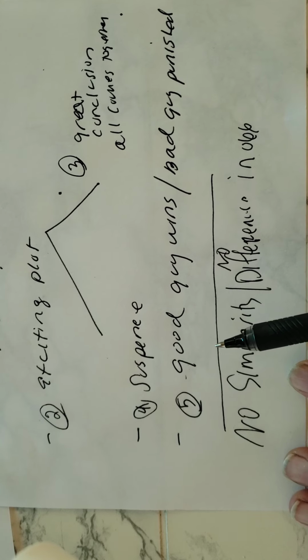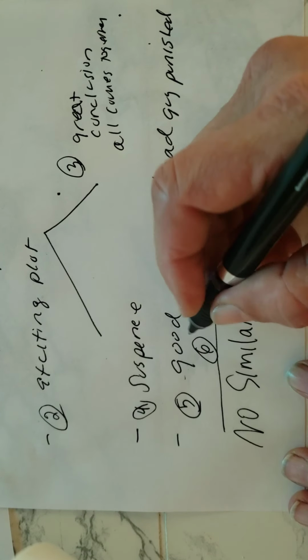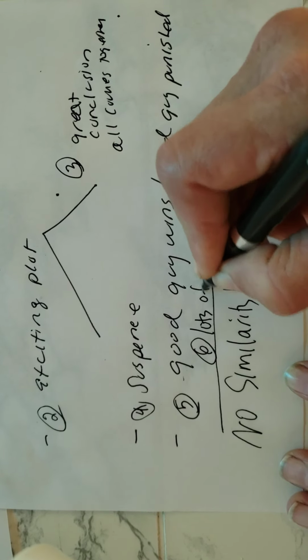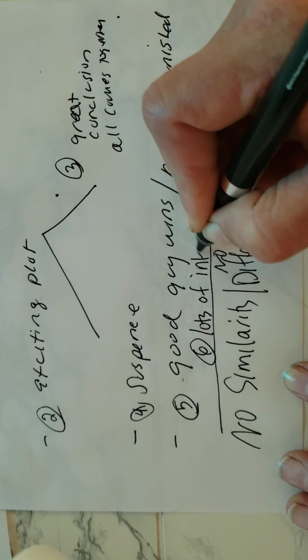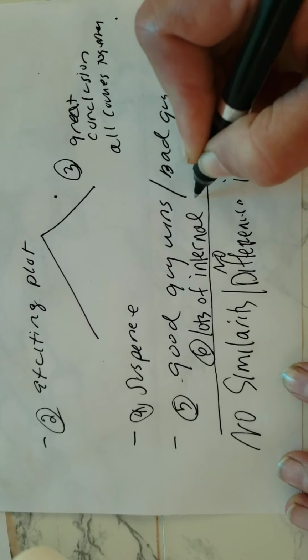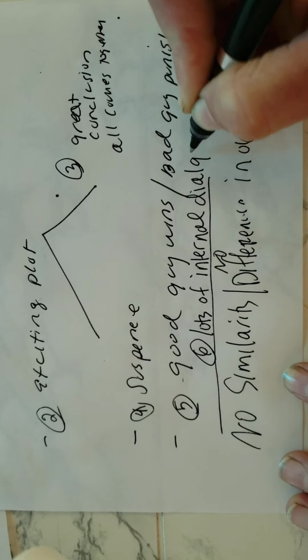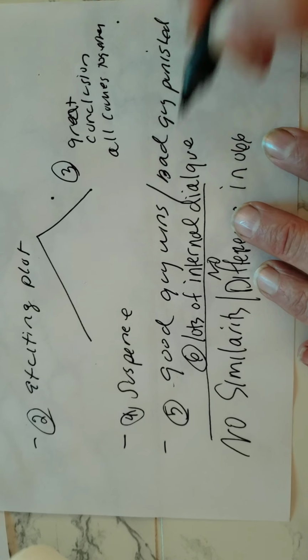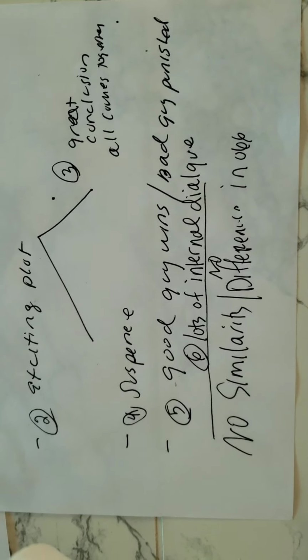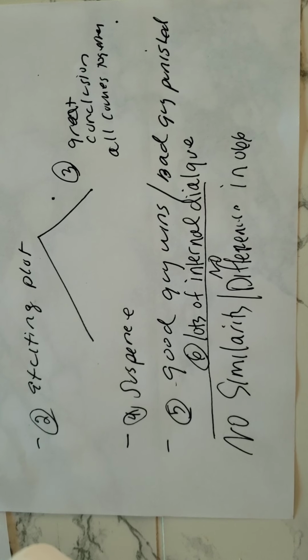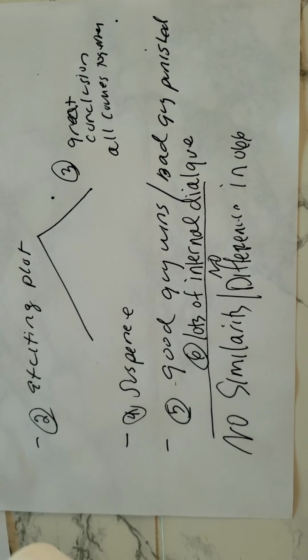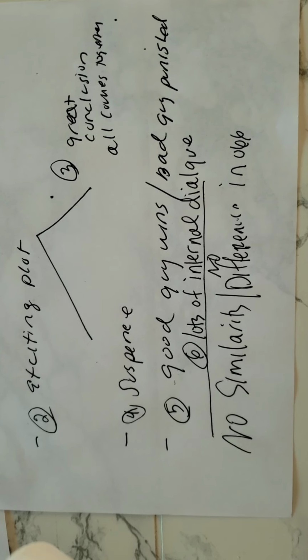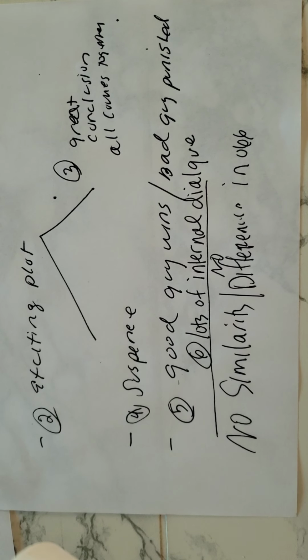Another thing that might make it a good story is lots of internal dialogue. For instance, remember when we listened to that Moth story of David Covey, and he was talking about how he felt, and it's like, I was feeling this, and I was thinking this, possibly.